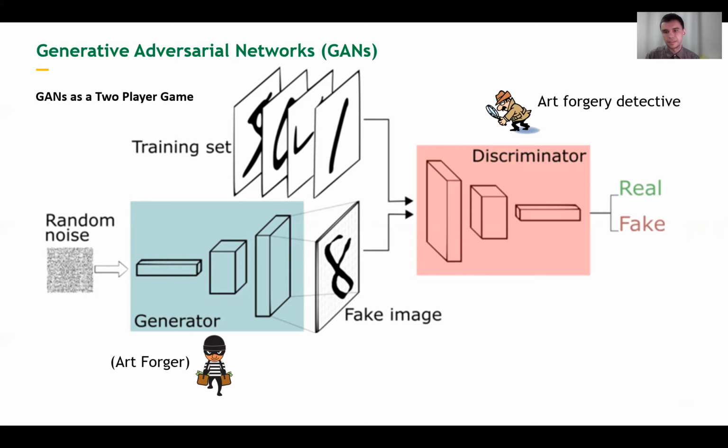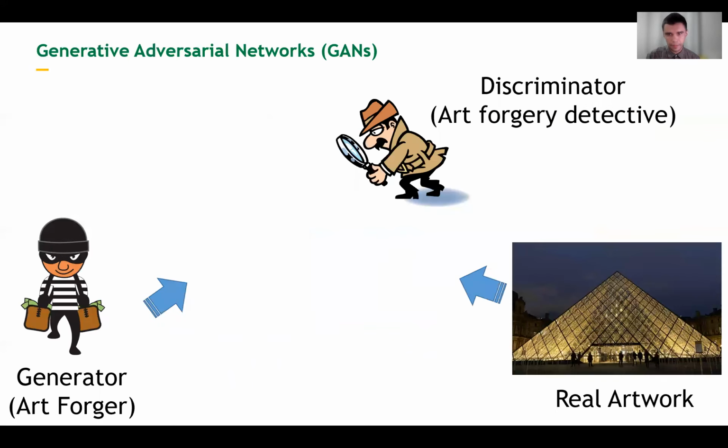We can think of the generator as an art forger and the discriminator as a detective. The detective will try to identify if the artwork is real, coming from a museum, or if it's fake, coming from an art forger, in this case, the generator.